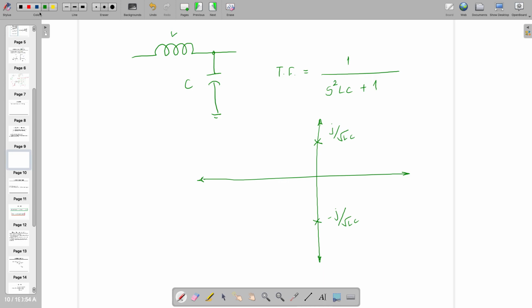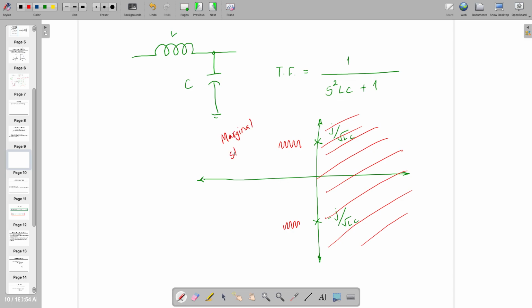So we agree that they should not be in the right half plane. So where should I consider this line? It will be oscillating, but it will oscillate with fixed amplitude, right? It's fixed amplitude. It's not decaying or increasing, right? Such a kind of system is known as marginally stable, or it's also partially stable.